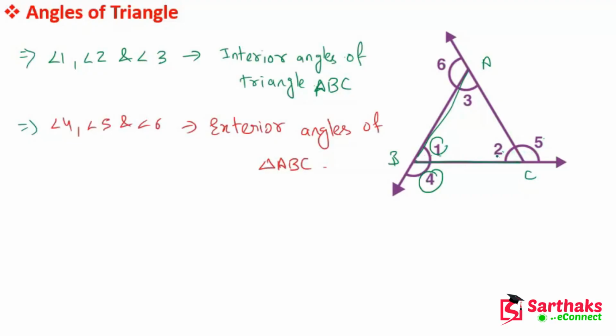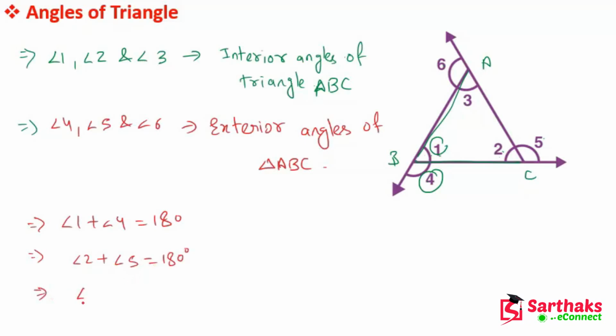Similarly angle 5 is consecutive to angle 2, and angle 6 is consecutive to angle 3. I hope you understand these things. So we can write angle 1 plus angle 4 is equal to 180 degrees, and angle 2 plus angle 5 is equal to 180 degrees.